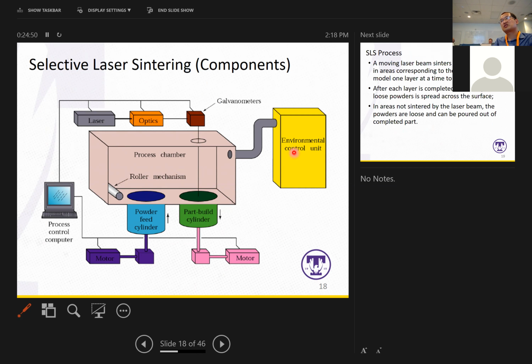And of course, that could generate some environmental hazards, so there will be an environmental control unit, right? And the powder feed mechanism and part build mechanism are quite similar to what we described in the binder jetting process. Of course, you need software to control this whole process. So this is the whole loop for a selective laser sintering machine.